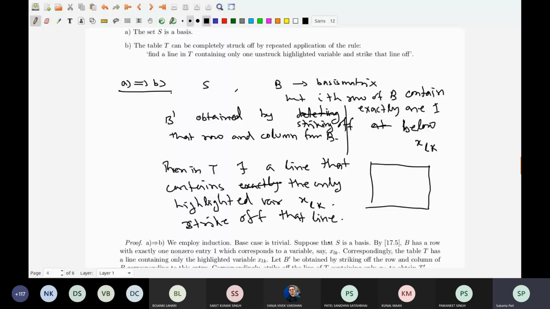Earlier my transportation problem was M by N, M many sources, N many sinks. Then I deleted one row, the last row. So the new transportation array TDAX, is it not representing a BTP with M minus 1 sources and N sinks?